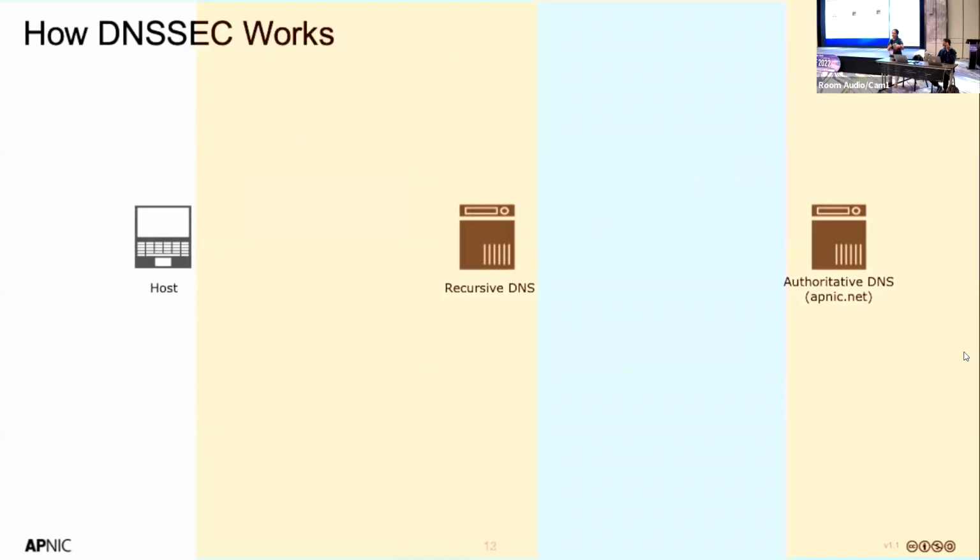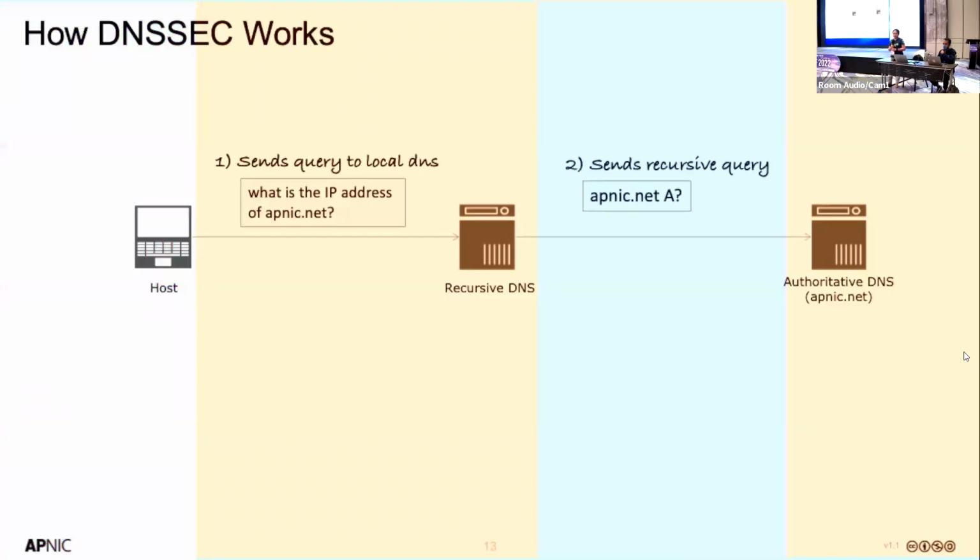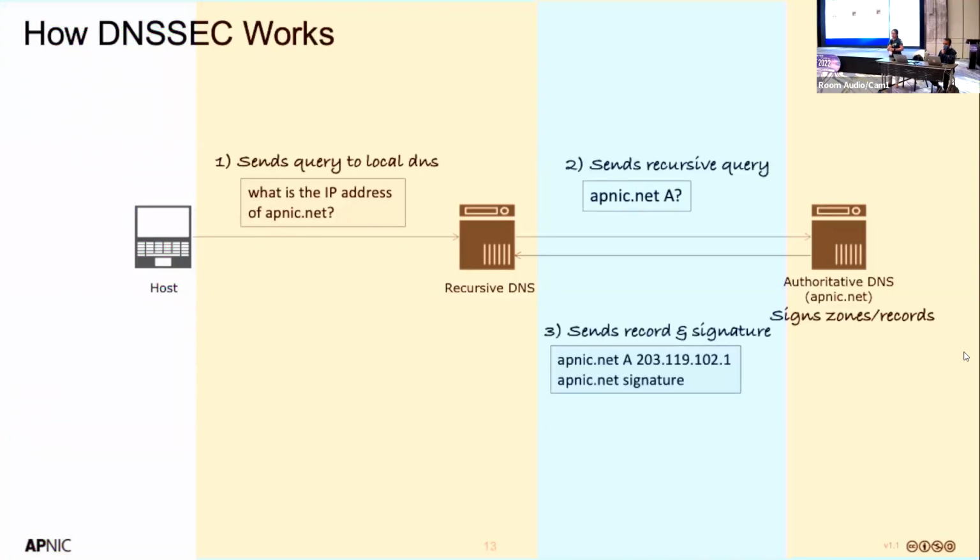So if we implement DNSSEC, how does this change? It's a bit like this. Again, still quite simplified, but it gives us an idea of how it works. So the host, same thing, sends the query to the local DNS, which then will do a recursive query until it finds the authoritative DNS for that. But then, if your authoritative DNS signs their records, these records will also be supplied to the recursive DNS.